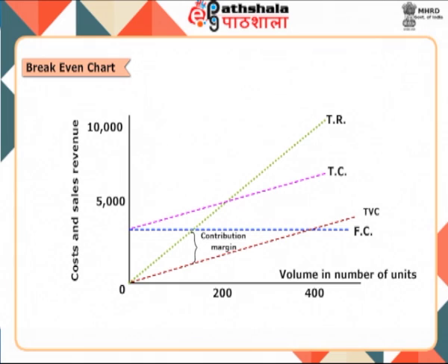The point where the TR line, that is the total revenue line, and the total cost line intersect is the break-even point. The area between total cost and total revenue below the break-even point represents losses, and the area between total revenue and total cost above the break-even point represents profits of the firm, and at the break-even point total revenue is equal to total cost, that is, there are no profits and no loss.